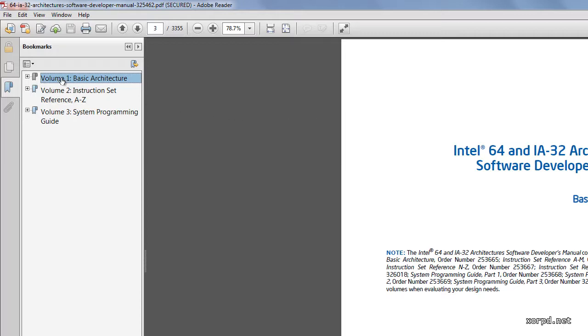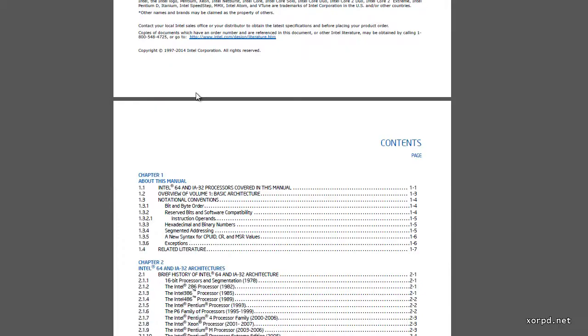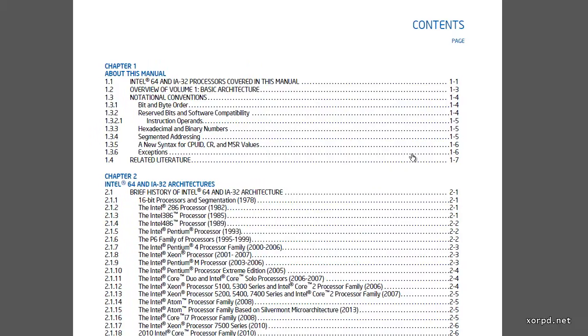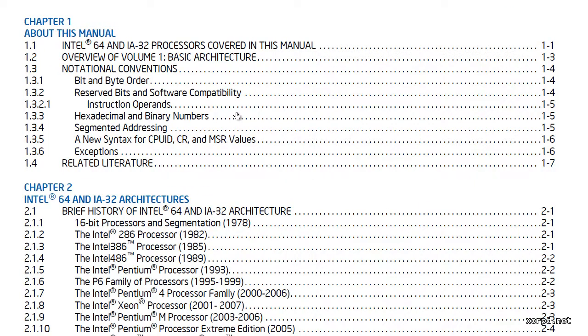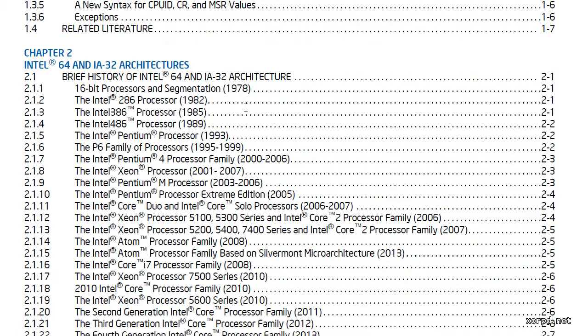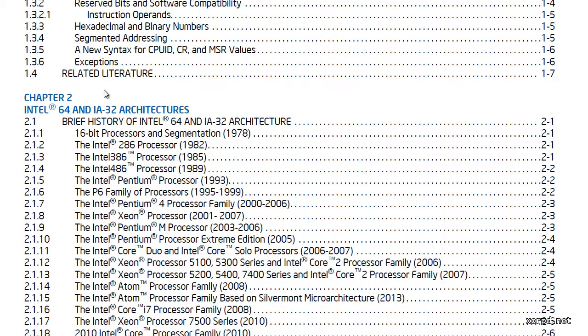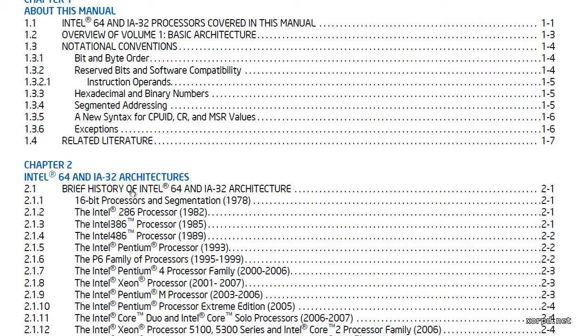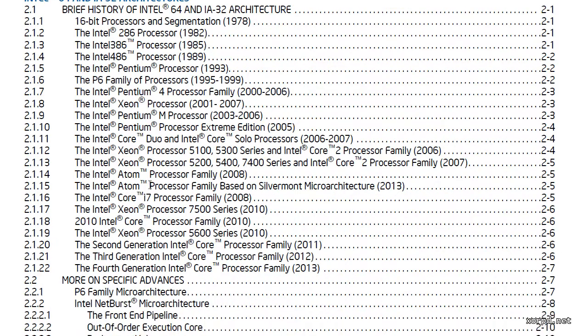I pressed this volume, and now I want to take a look at the table of contents. We can see that in the beginning there is some kind of discussion about the different architectures. Mostly I'm not really interested in the first chapter.